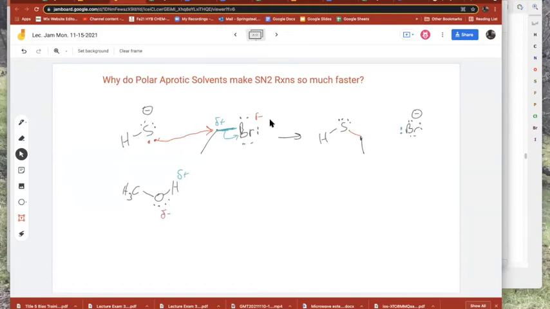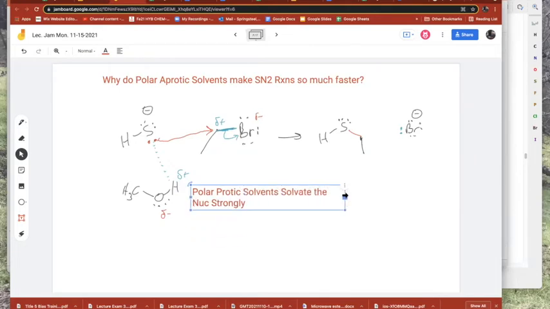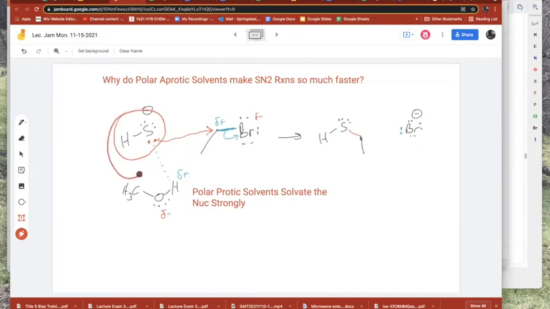There's a strong interaction between the solvent and the nucleophile. I think of them as maybe like paparazzi. They're surrounding the nucleophile and making it hard for it to do its backside attack. If I have, say, 4 or 5 methanols all surrounding this nucleophile, then they're in the way of it getting to the electrophile.